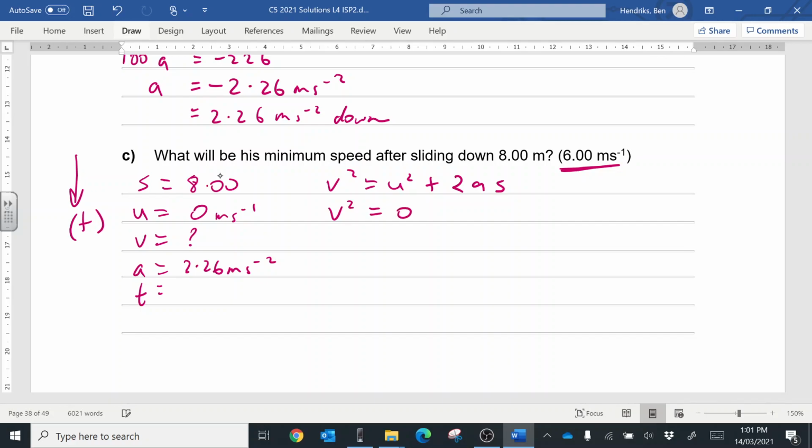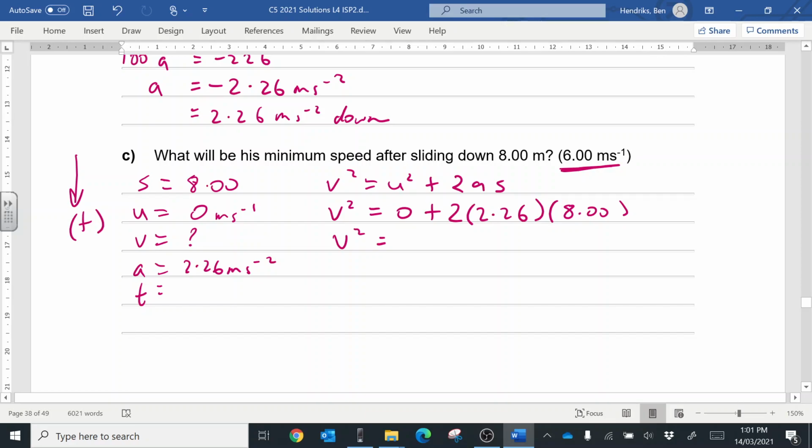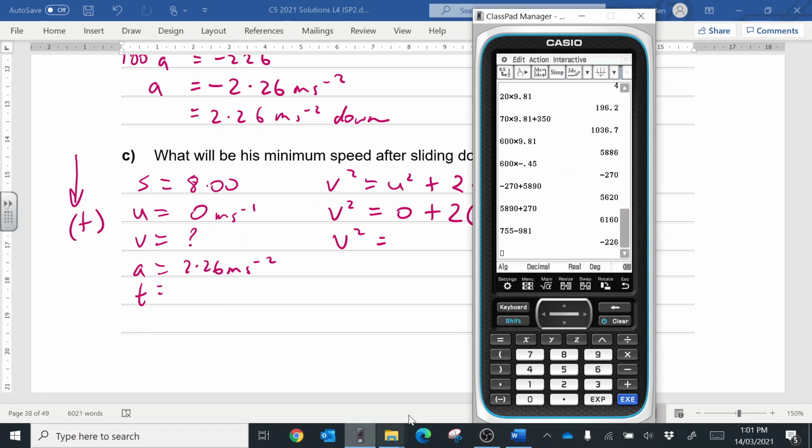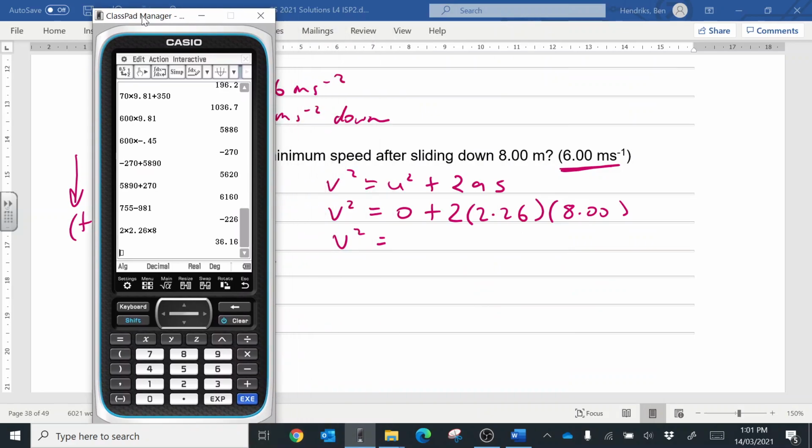V squared equals 0 plus 2 times 2.26 times 8.00, which is 36.16.